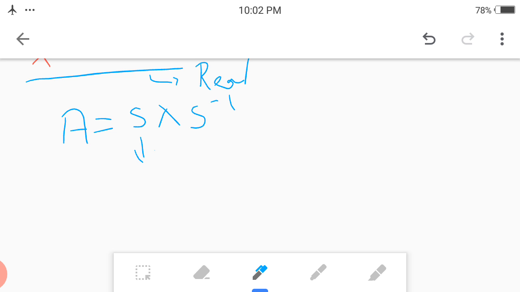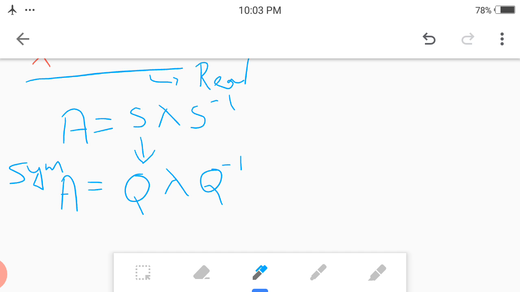So you are basically converting this S matrix to an orthogonal matrix by making those eigenvectors orthonormal vectors, and the orthogonal matrix is represented as Q, and this is only for a symmetric matrix A. Okay, so lambda remains as it is, then Q inverse.